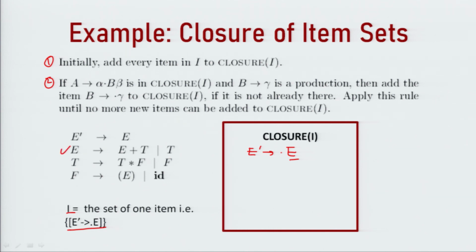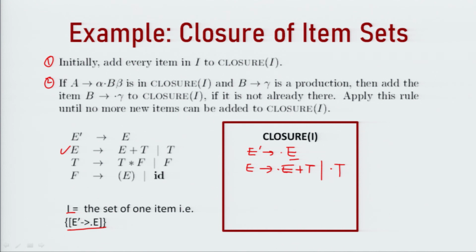E has two alternatives, E plus T and T. So, we write the items with respect to E productions with the dot at the left end. Here we write E to dot E plus T, and second, E to dot T. Now, here we observe that just right of the dot we again have capital E.